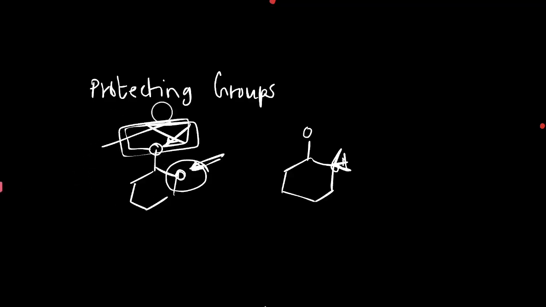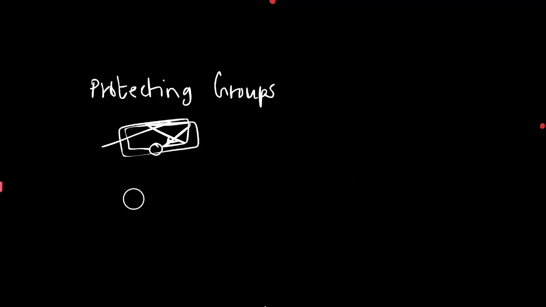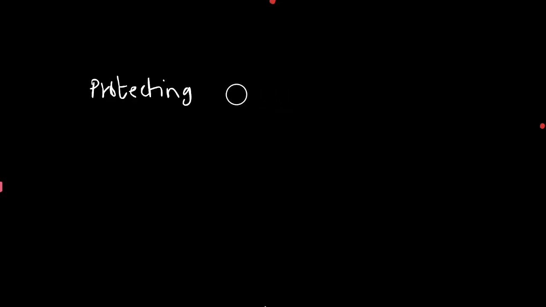Okay, I know this drawing was not very good. It isn't very clear. It was pretty spontaneous, but hopefully the idea makes a little sense. But if not, don't worry. We'll be going into a lot more detail on protecting groups in a separate video of its own.